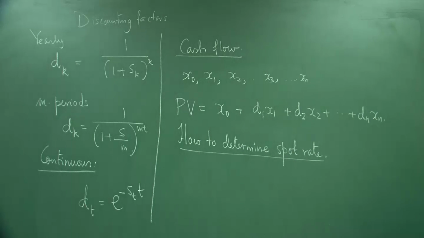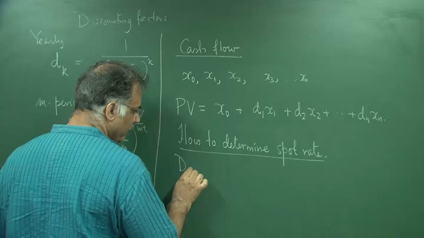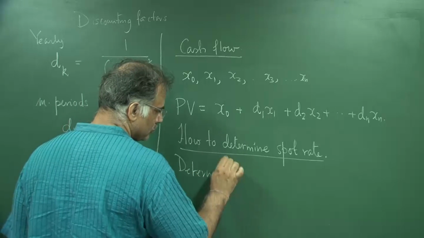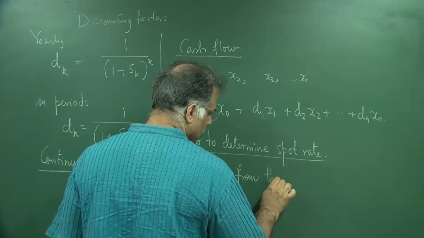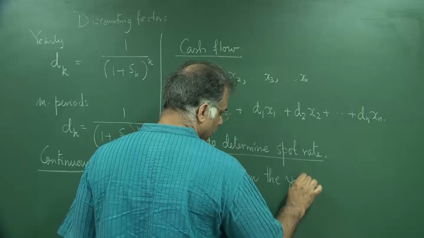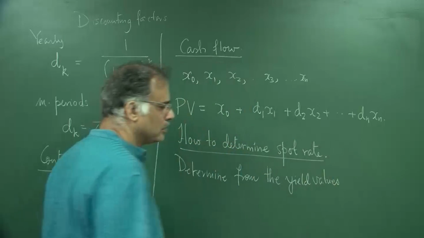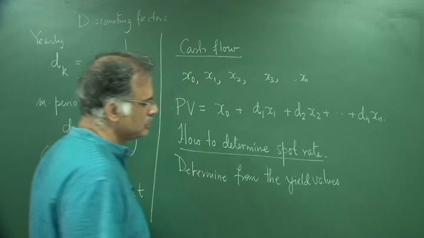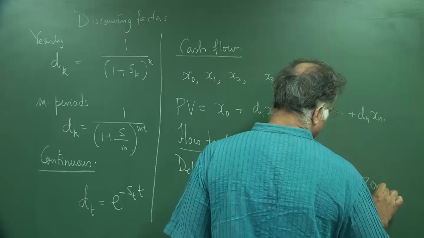To determine the spot rate, notice the yield values determined from the yield values of zero coupon bonds.